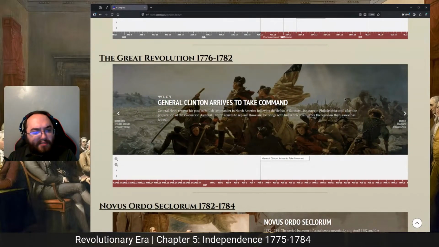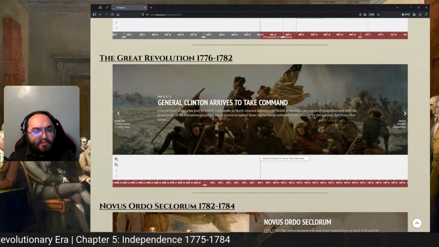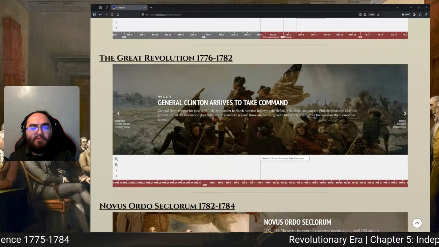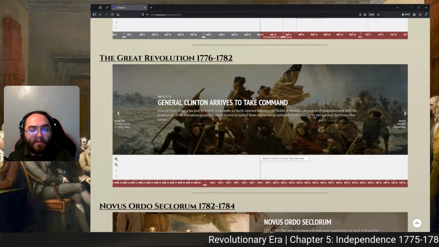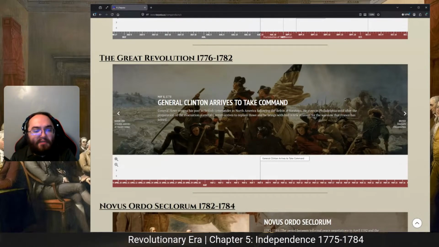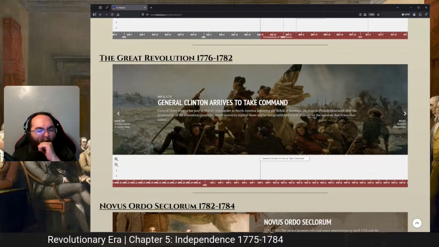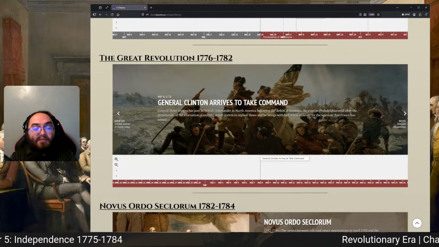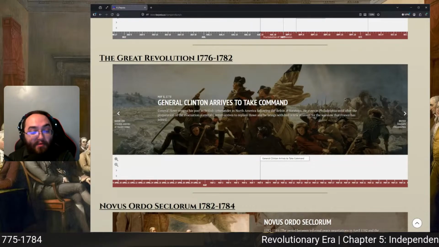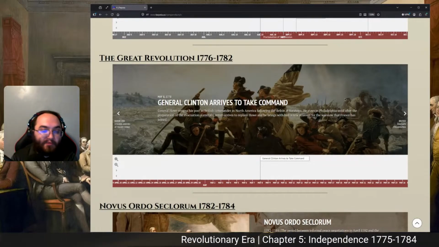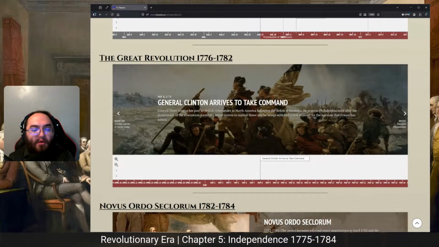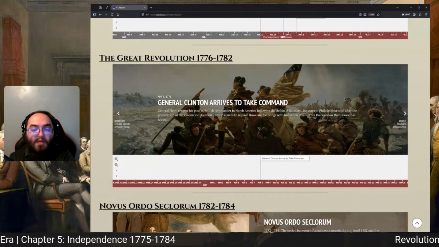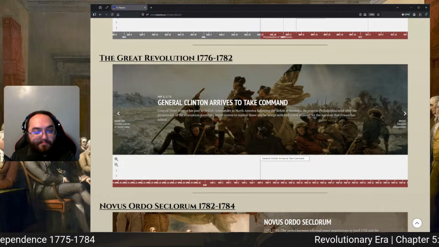And then General Clinton arrives to take command. General Howe resigns his post as British commander in North America following the defeat at Saratoga, and he stays in Philadelphia until after the preparation of the evacuation of Philly. General Clinton arrives to replace Howe, and he brings with him a new strategy for the war now that France has joined.